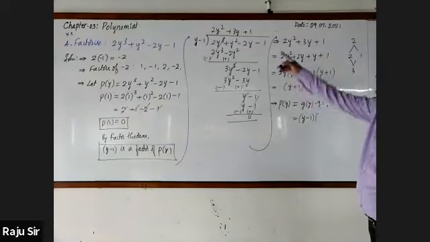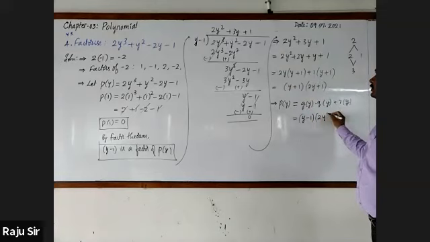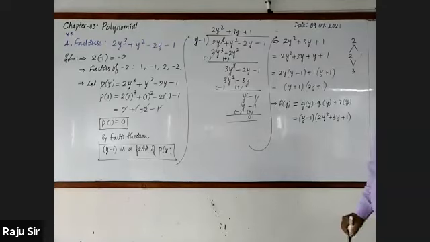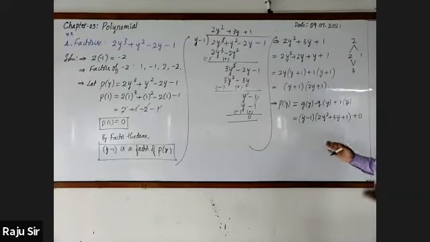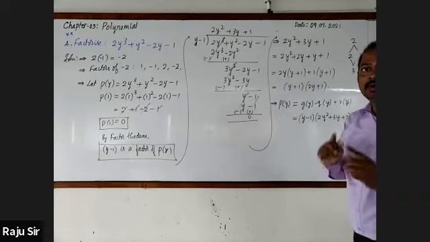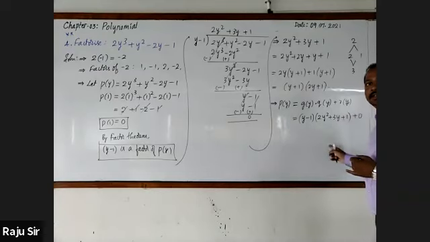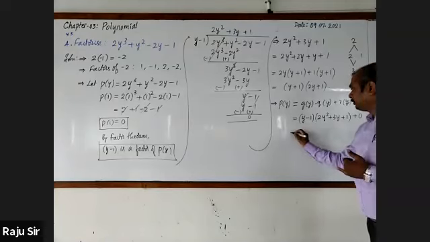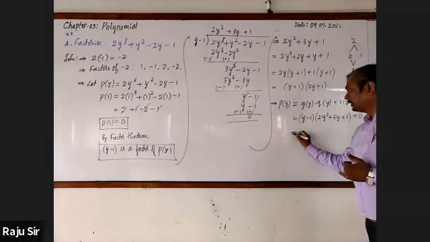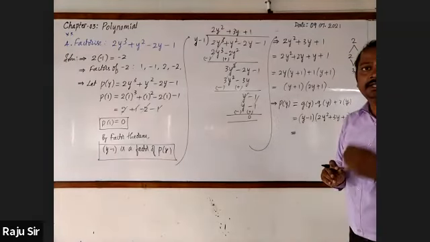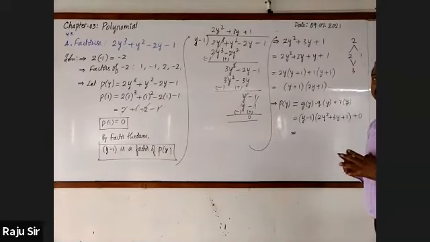And the quotient is 2y square plus 3y plus 1. And the remainder 0. You may write it directly, just for making you understand clearly. If you write in this way, nobody can cut any mark, even half marks cannot be cut.